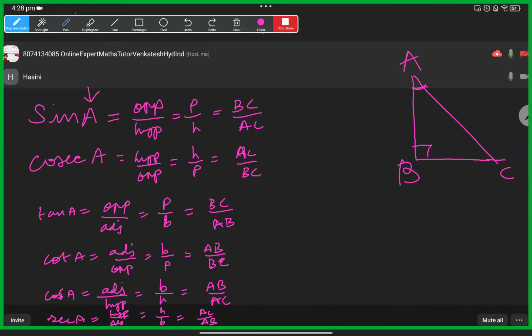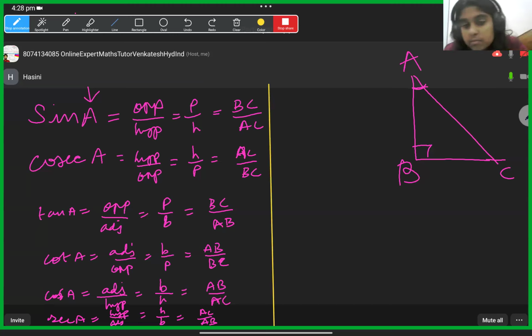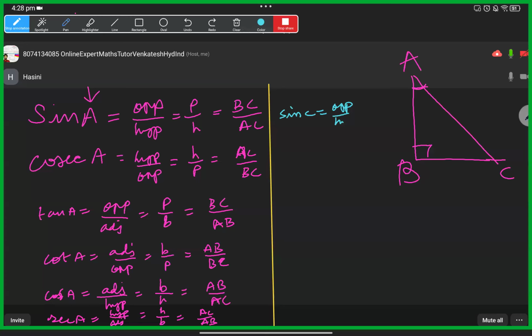Now we will write for angle C. Sin C will become what? Sin C is equal to opposite by hypotenuse. The formula remains the same, but as per the vertex C, we should select the sides. So the answer is AB by AC.